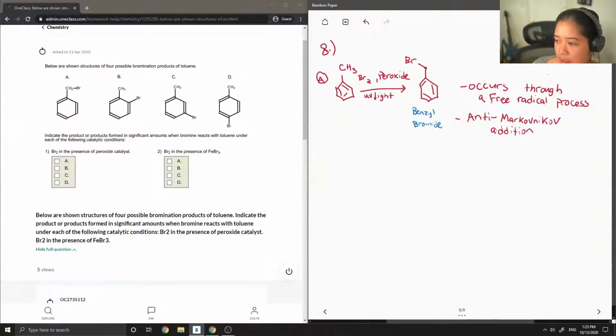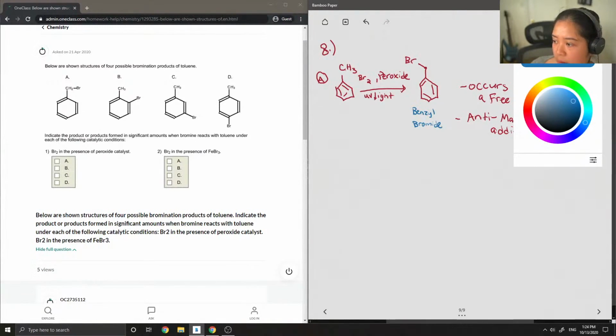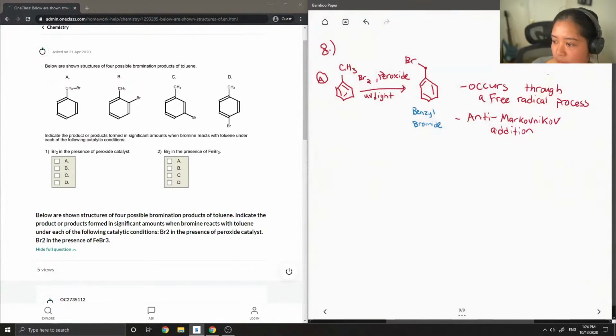So since this is an anti-Markovnikov addition, it's not that favored if the UV light and the peroxide weren't there. So this is the final product that we get for part A.